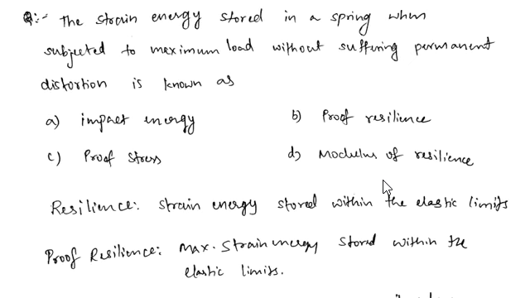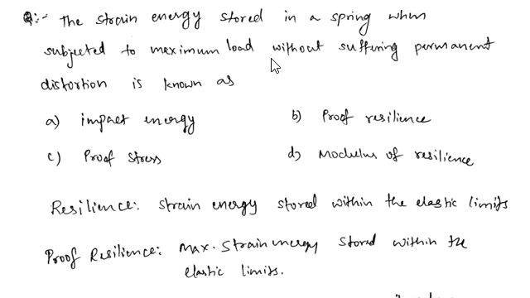Yes, if you see the next question, the strain energy stored in a spring when subjected to maximum load without suffering permanent distortion is known as: option A, impact energy; option B, proof resilience; option C, proof stress; option D, modulus of resilience. He's asking about the strain energy stored in a spring when subjected to a maximum load.